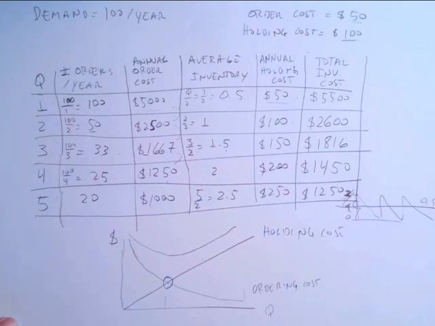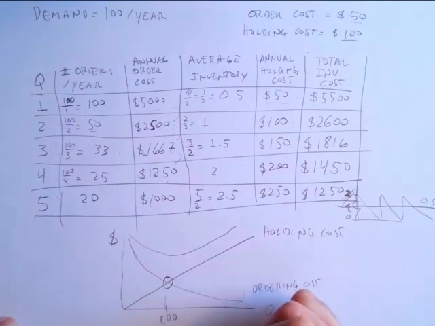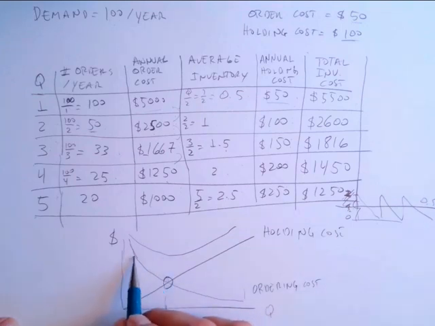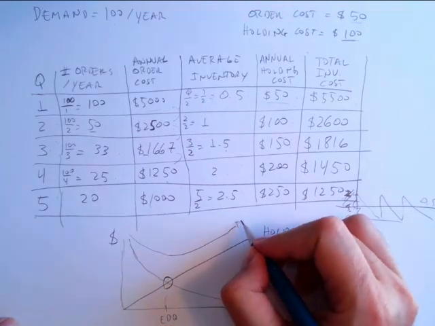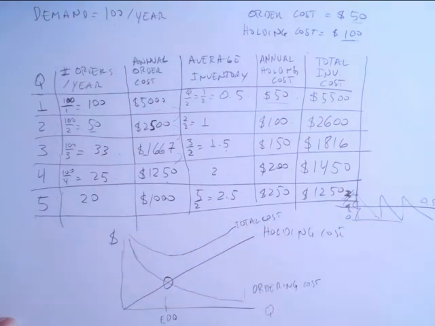So that's the formula for the economic order quantity. This here will be the economic order quantity. Exactly where these two costs meet, exactly where they're the same. That's when I have the lowest total cost, right? Because this is total cost. Okay, does that make sense?